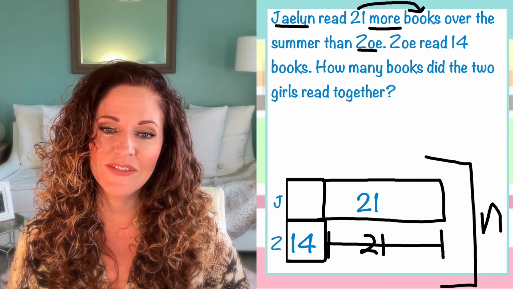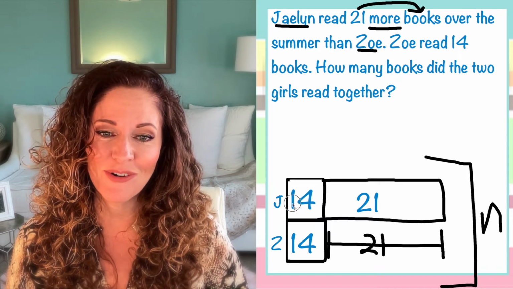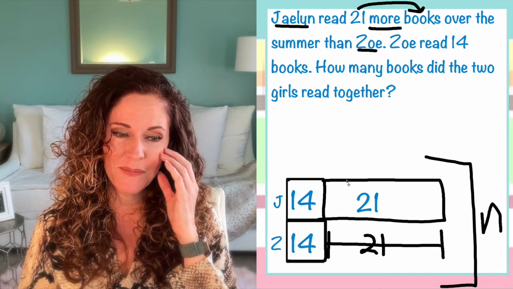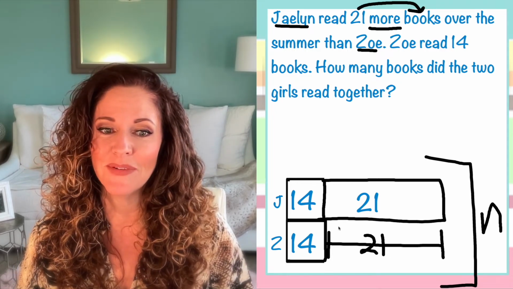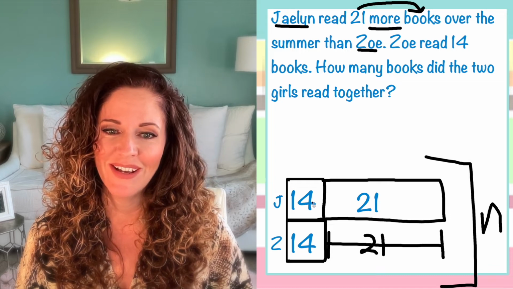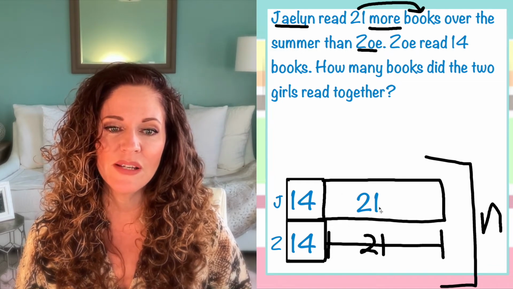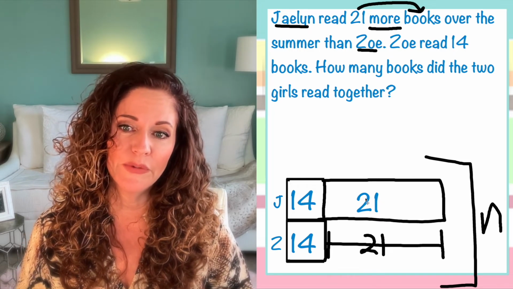I know that if Zoe read 14, then Jalen also read 14 because she even read more than that, an extra on top of that. So to combine them, I can do 14 times 2 and then add 21. Or I can find out how many Jalen had. 14 plus 21 would be the same as 15 plus 20.